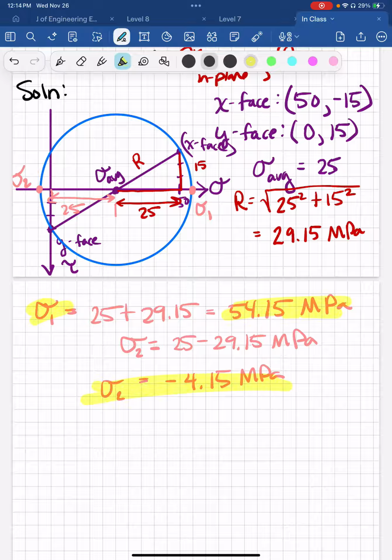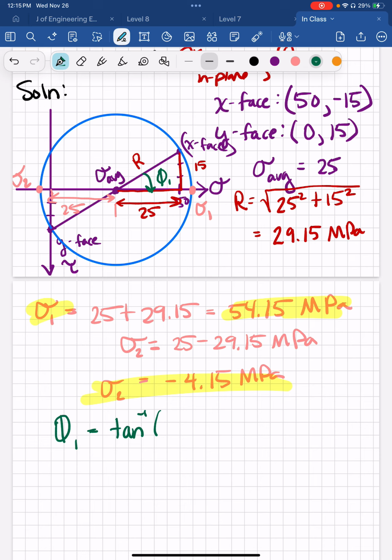And now we need to know the angle to those principal stresses. That angle is going to be here, and we're going to call it phi because we're in the Mohr circle. So phi 1. The tangent of phi 1 would be opposite over adjacent, so 15 over 25. I moved it to where phi 1 equals the inverse tangent of 15 over 25.